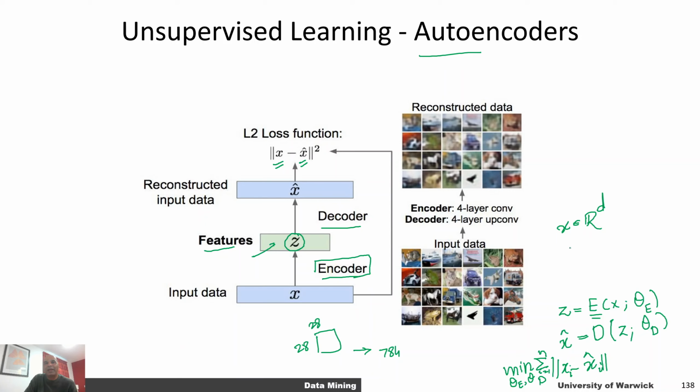So we pass that through an encoder block, and we get a z vector, which is a vector in d prime or d hat dimensions, and then we can use that to generate a reconstruction which is also in this d-dimensional space. So you can think of PCA.